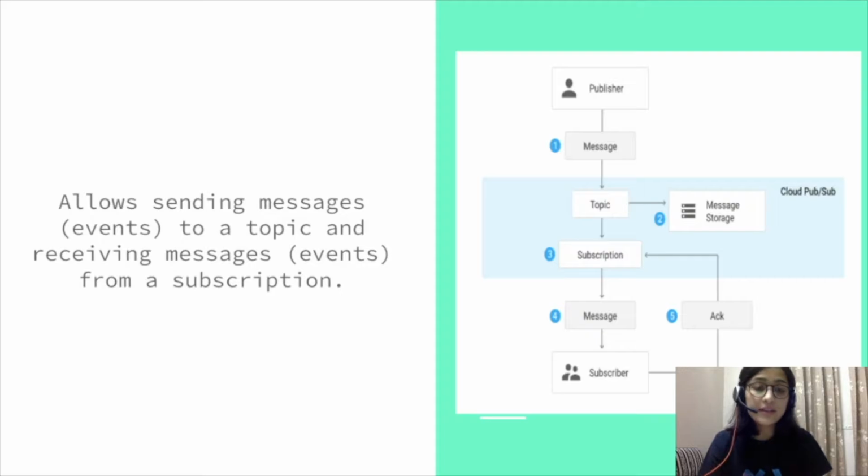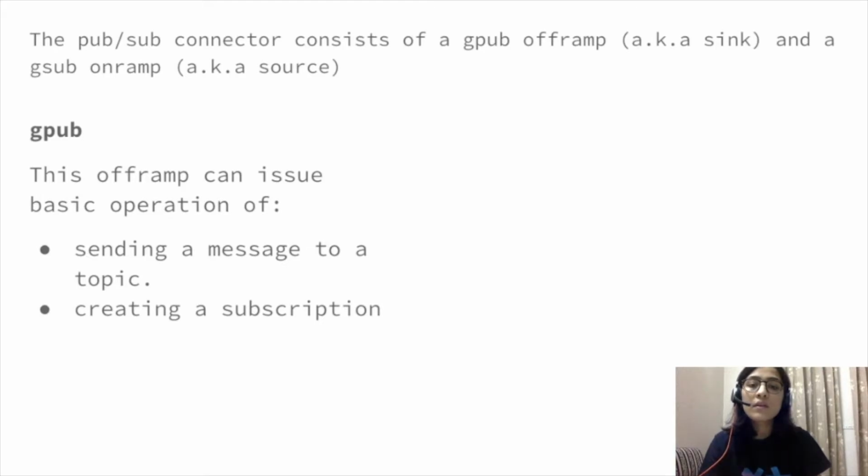If you now look at the diagram, publishers send a message to a topic, which is then received by subscribers who have a subscription to that specific topic. They then send the acknowledgement that they have received the message. So the PubSub connector consists of a gpub off-ramp or the sink and a gsub on-ramp or the source.